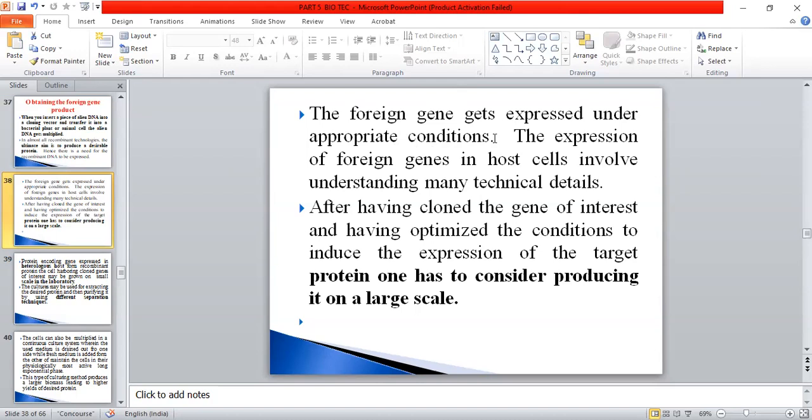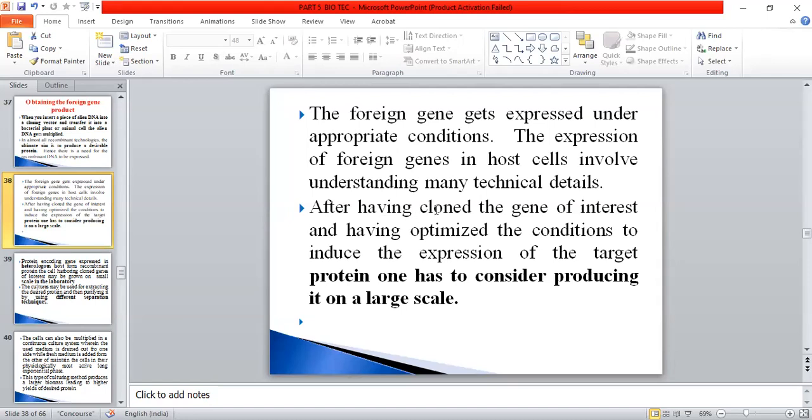What are the conditions, what is the temperature, which one is the primer? All those things we should know by this technique only.